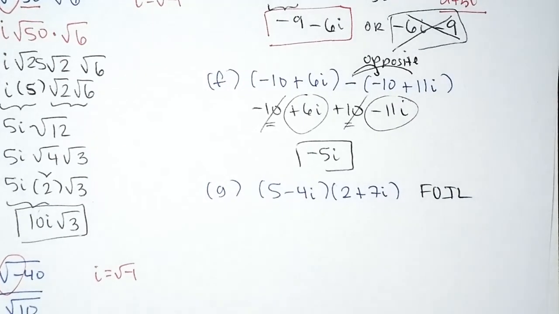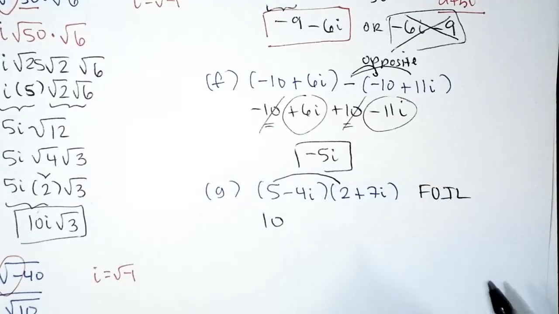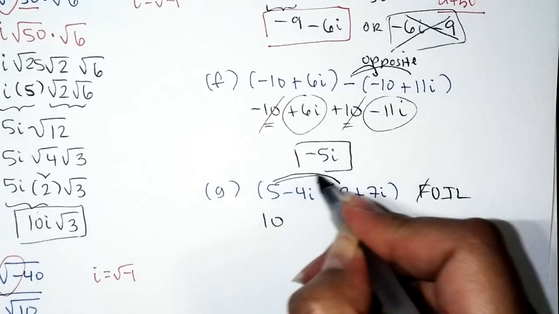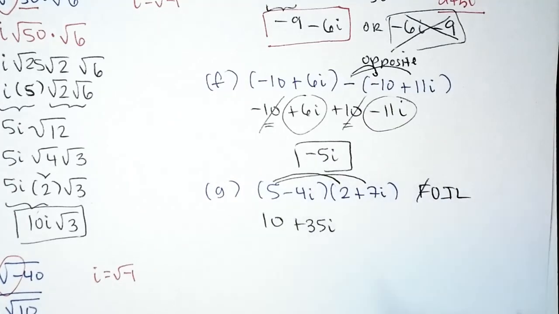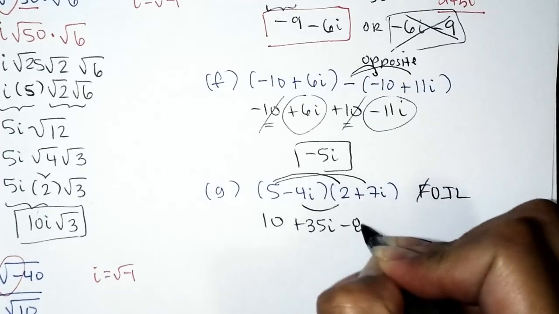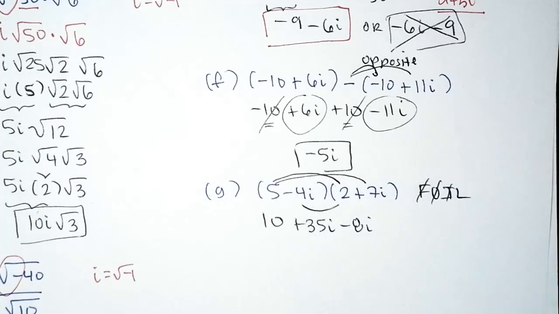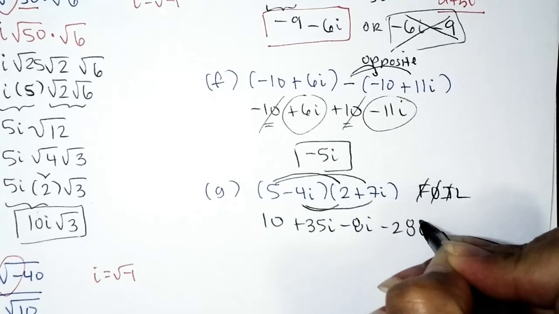The product of the first terms, namely 5 and 2, will give us 10. The product of the outer terms, 5 and 7i, will give us 35i. The product of the inner terms, negative 4i times 2, will give us negative 8i. And the product of the last terms, negative 4i times 7i, will give us negative 28i squared.